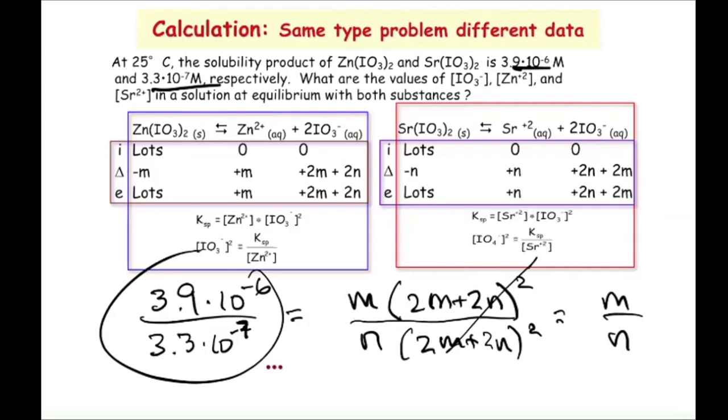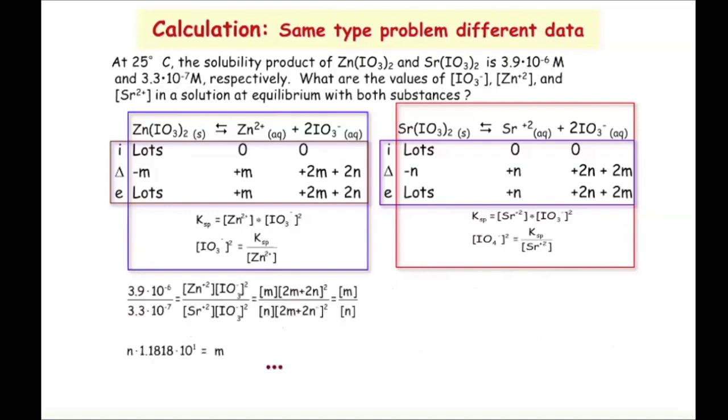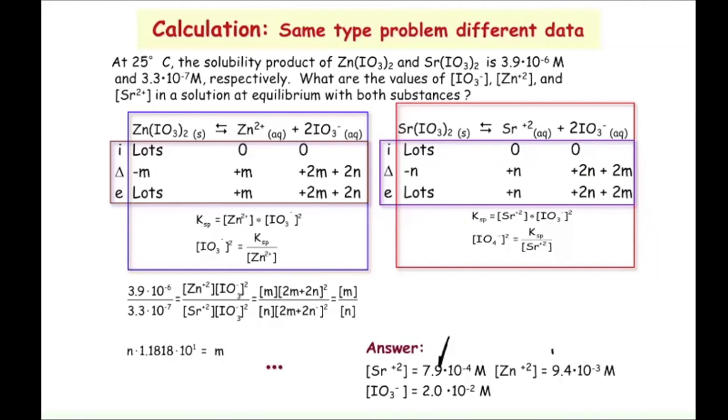Let me clear this for you. And you guys can solve that. And if you do the math and just go through, what you will see is that N times 1.1818 times 10 to the first equals M. You make the substitution, and those are the concentrations of your strontium, your zinc, and your iodate.